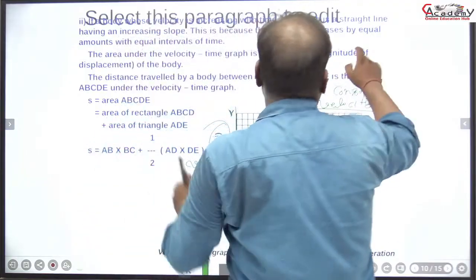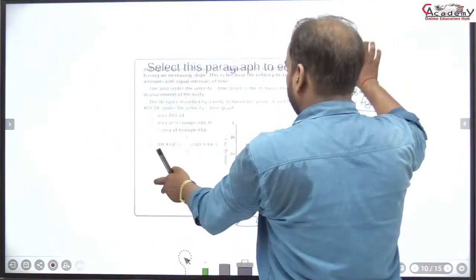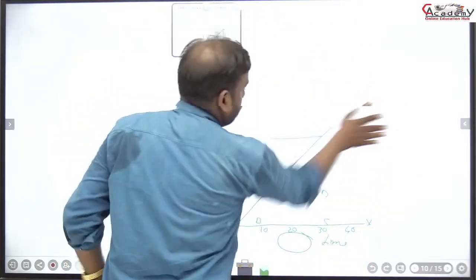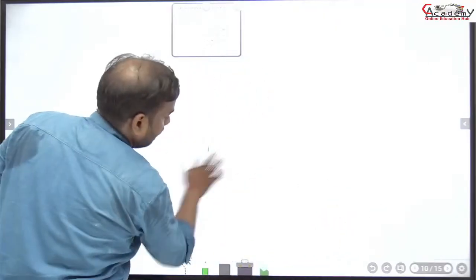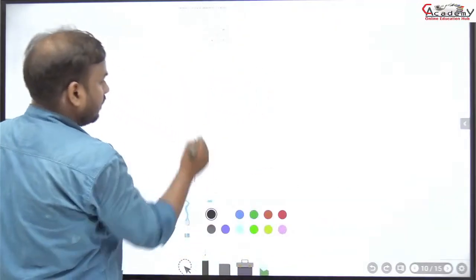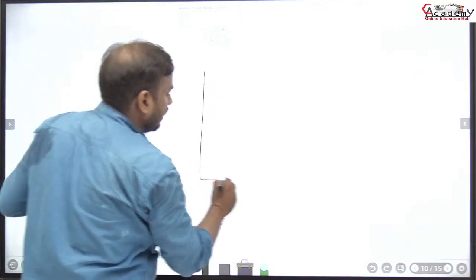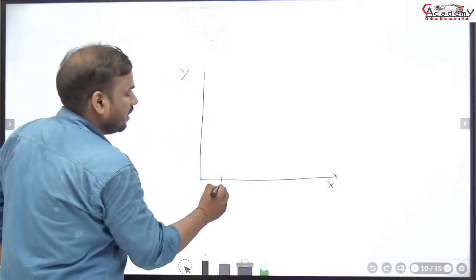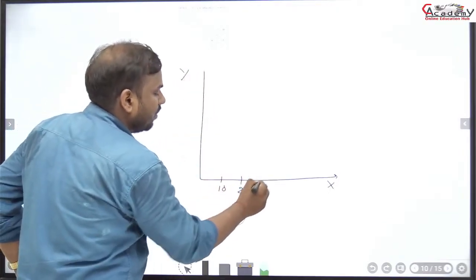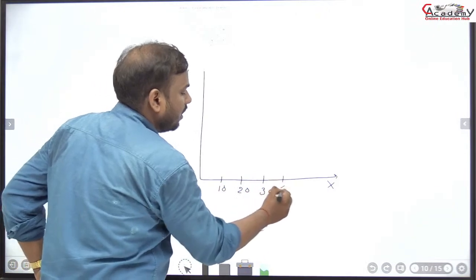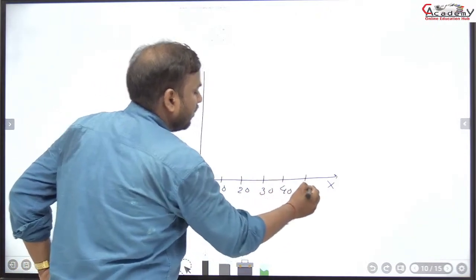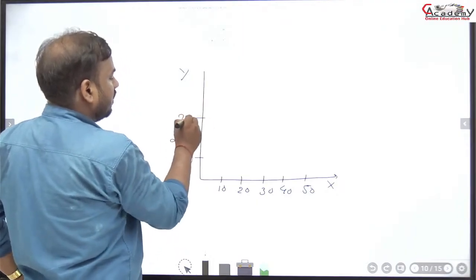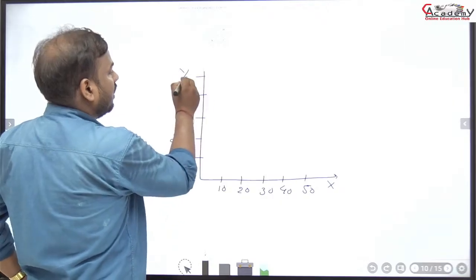For example, like this. First we draw the graph. Here that is the x-axis, that is the y-axis, 10, 20, 30, 40, 50, and 10, 20, 30, 40, 50.